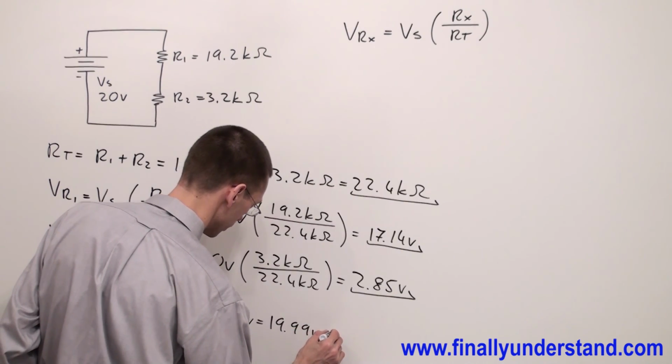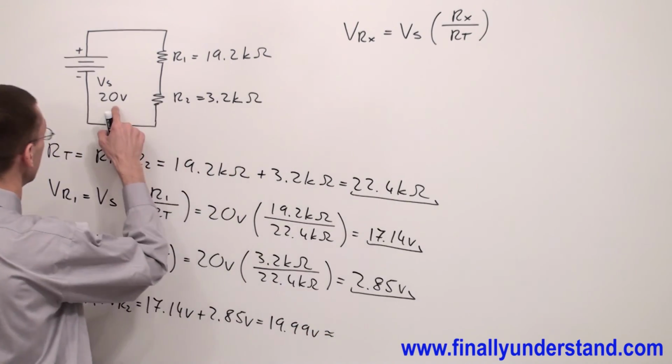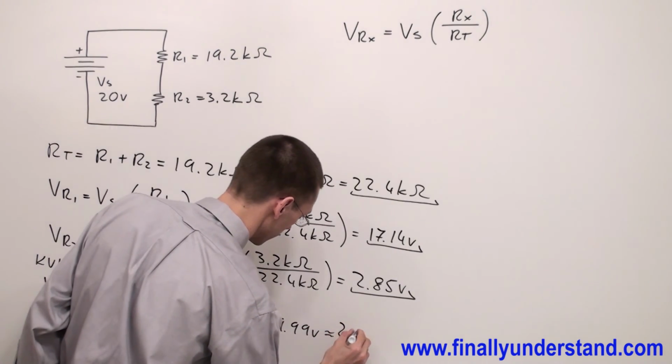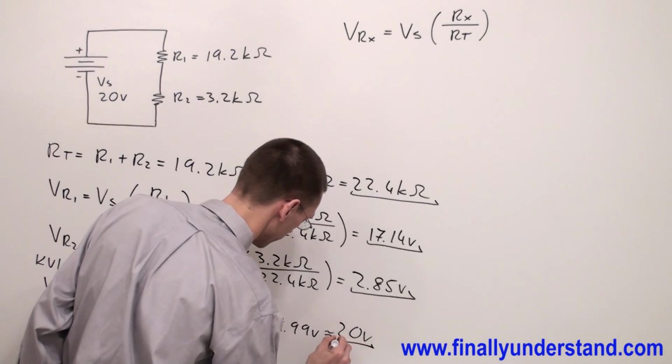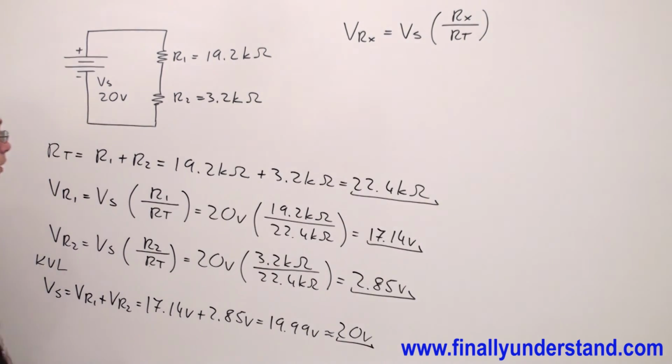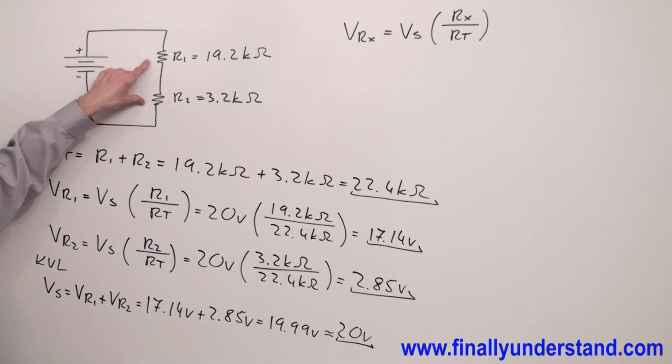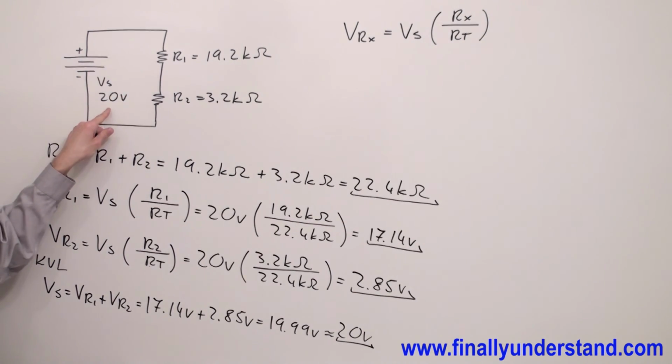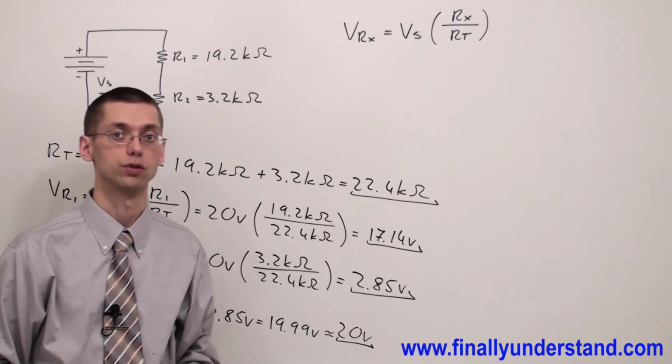We can say this is approximately 20 volts. We found two voltages, we added them up, we got the voltage source. This means all our answers are correct.